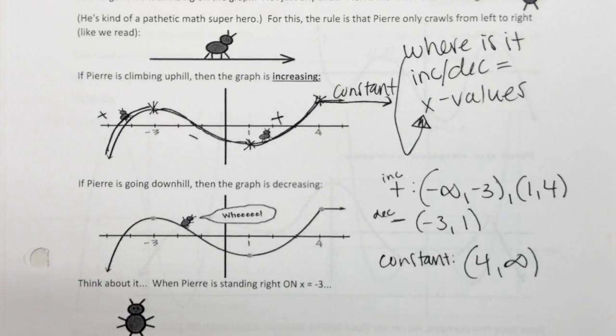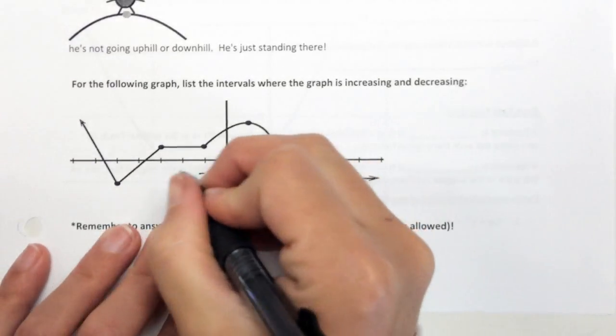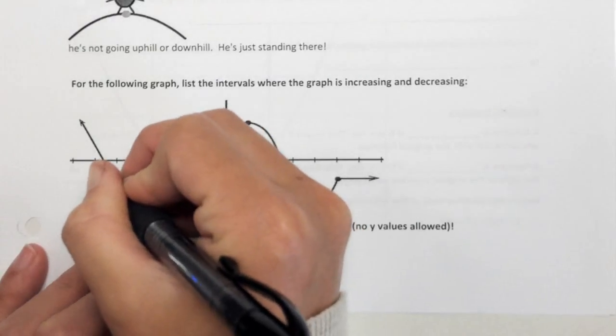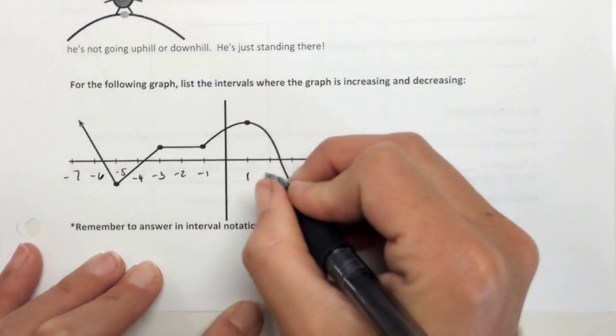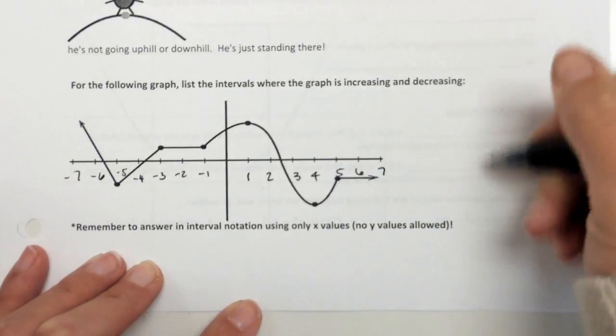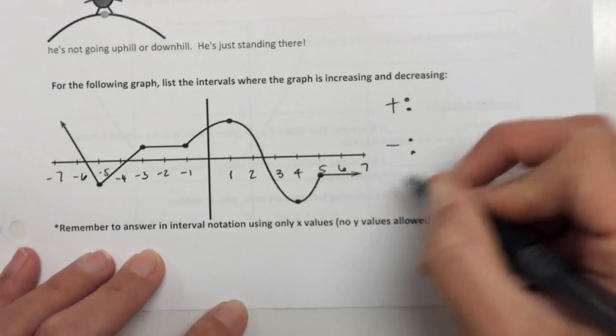Alright, so I want you to try this one on your own, but let's label this first. It's going to be negative 1, negative 2. And go ahead and tell me all the intervals where he's increasing, decreasing, or constant. Out to the side. Increasing, decreasing, or constant.